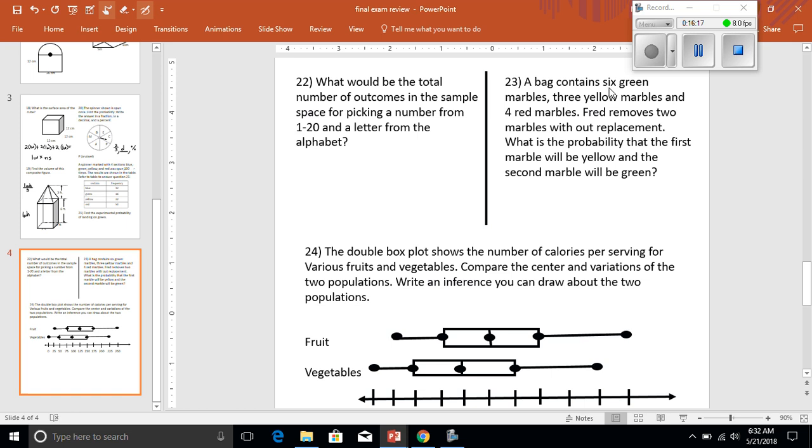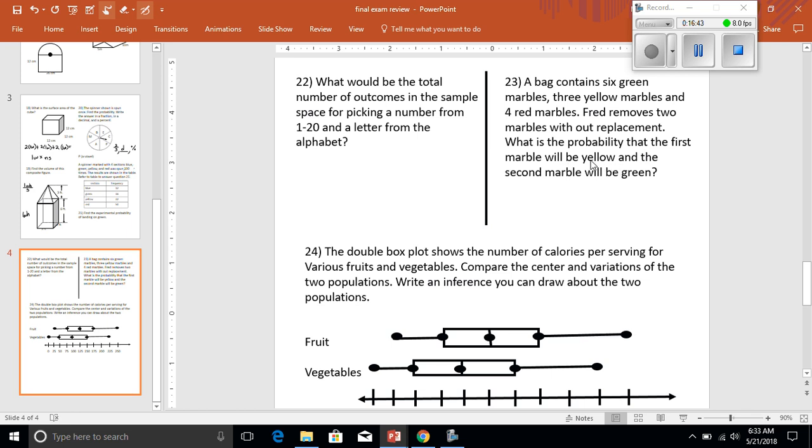Well, the first marble will be yellow. How many marbles are there that are yellow? 3. Okay, but 3 out of what? We've got 6 plus 3 plus 4, and that's going to give us 13. So that's 3 out of 13 is our first one.